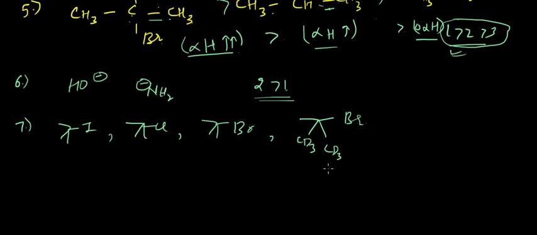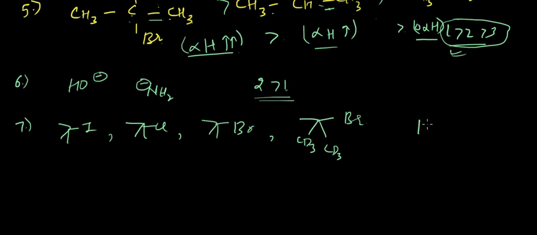If you look at the leaving groups in all the cases, I think the order would be, as iodine is a very good leaving group, because I minus is more stable than Br minus, which is more stable than Cl minus, which is more stable than F minus.